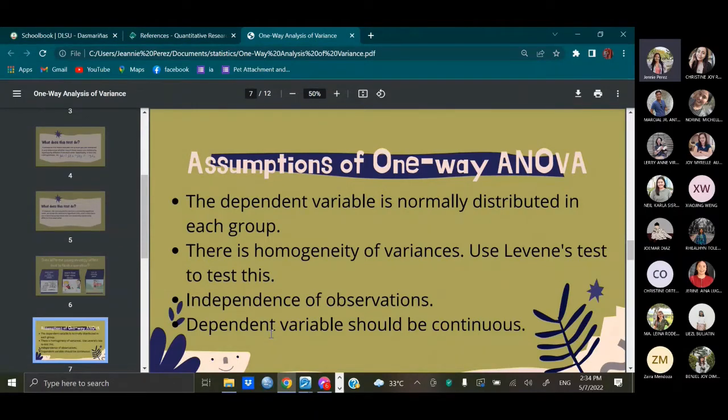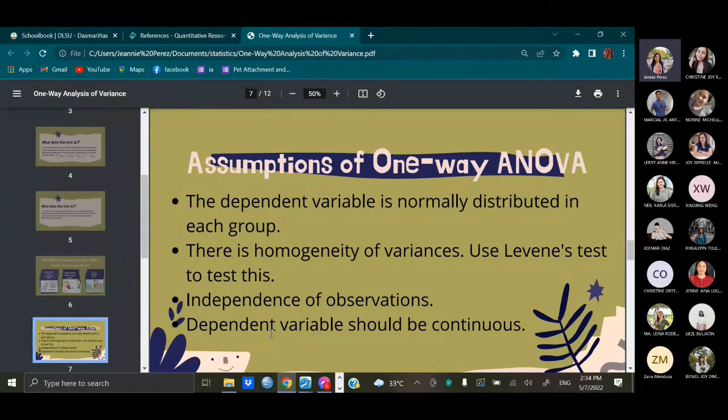Now, before you run an analysis of variance, a one-way ANOVA, there are assumptions that you have to meet. The first one is that the dependent variable is normally distributed in each group. All the time-to-finish scores of your three groups should be normally distributed.